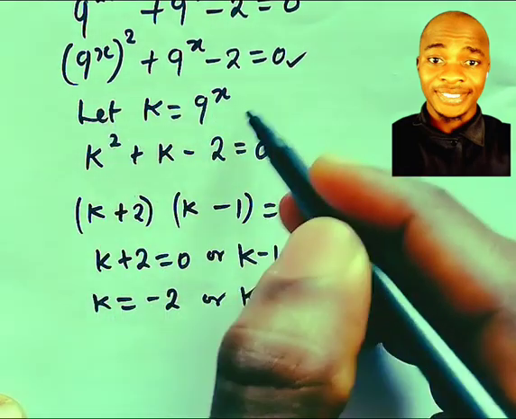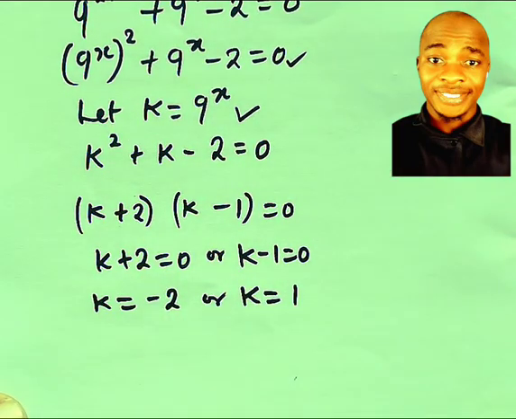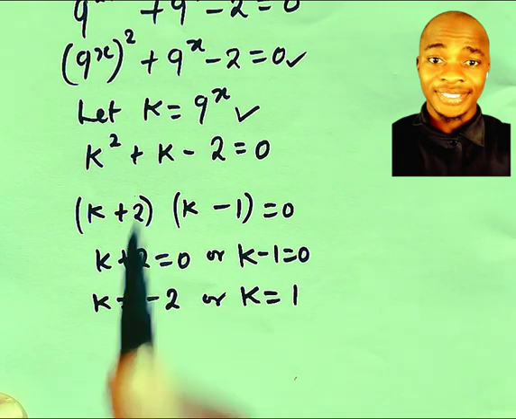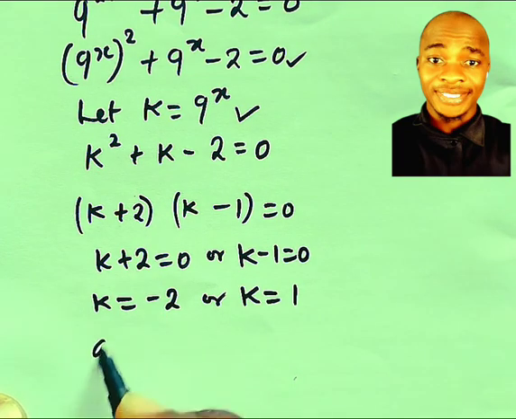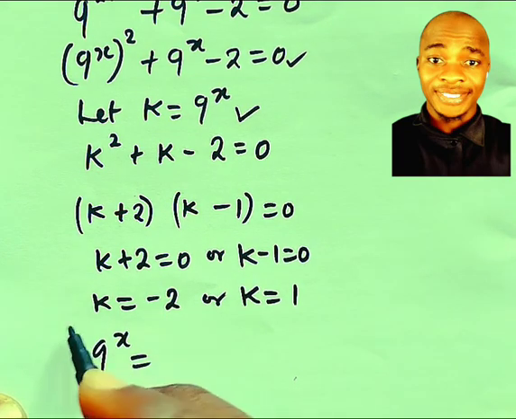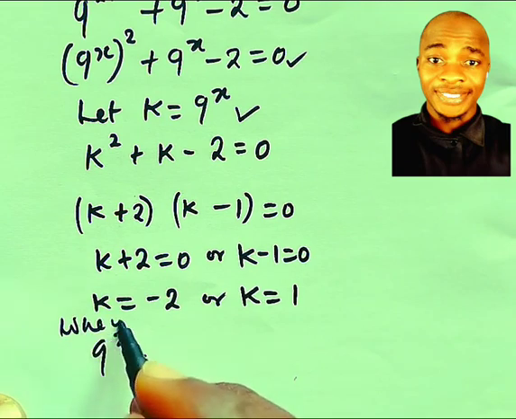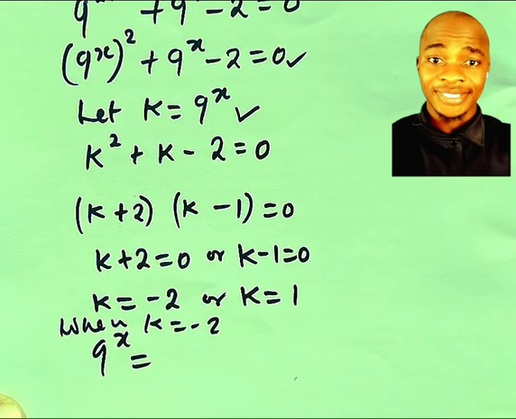So let's go back to where we have the substitution. We have 9 to power x equals, when k equals minus 2, 9 to power x is equal to minus 2, and this cannot happen.